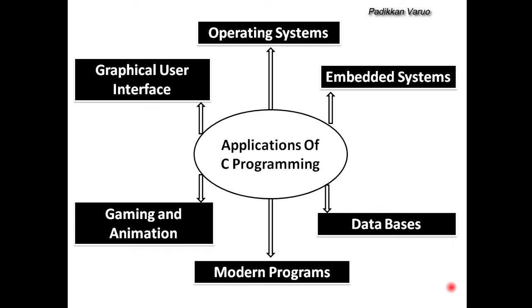Now the technology has been changing, so a lot of modern programs can be developed with the help of code written in the programming language C. See, human beings are attracted towards the graphical user interface compared with textual interfaces. So modern graphical user interfaces can be developed with the help of the programming language C.